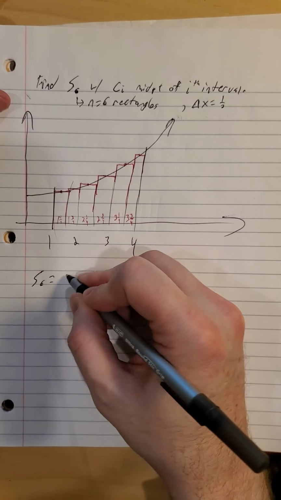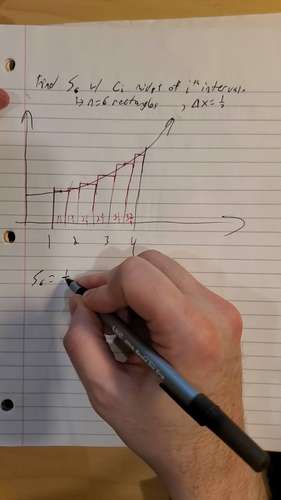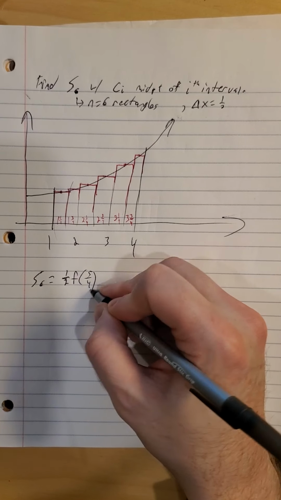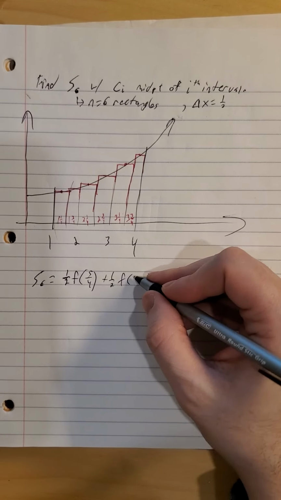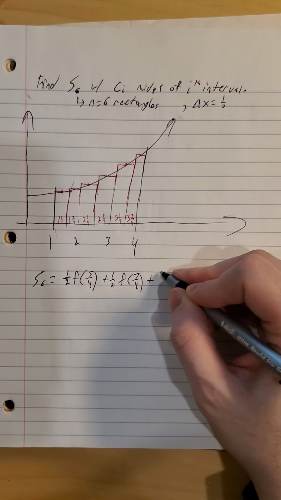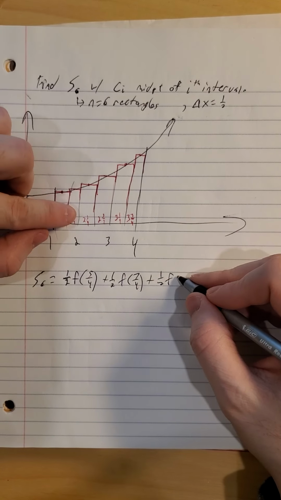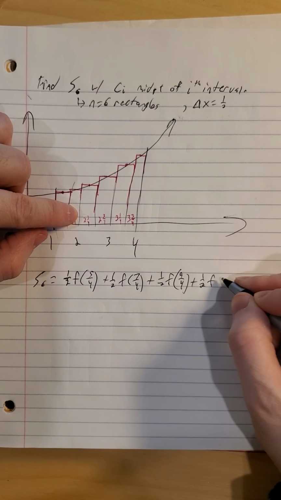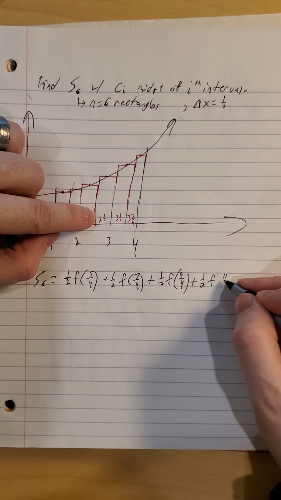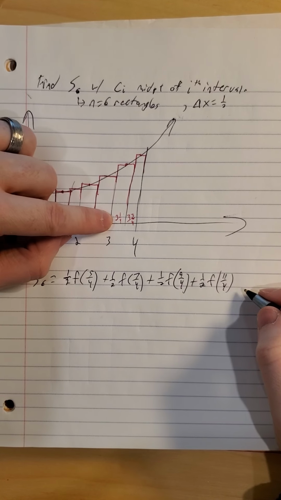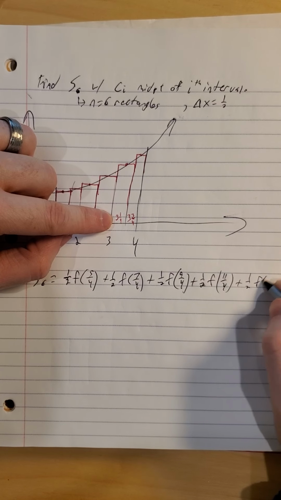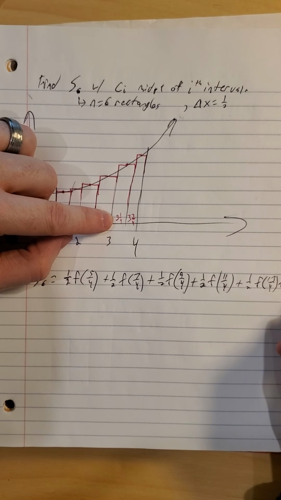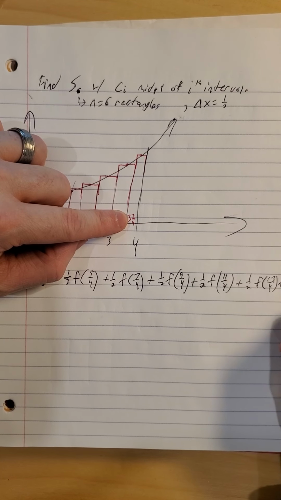So S sub 6: each of these is a 1/2 unit wide, so 1/2 by f of 5/4 plus 1/2 f of 7/4 plus 1/2 by f of 9/4 plus 1/2 by f of 11/4 plus 1/2 by f of 13/4 plus 1/2 f of 15/4.